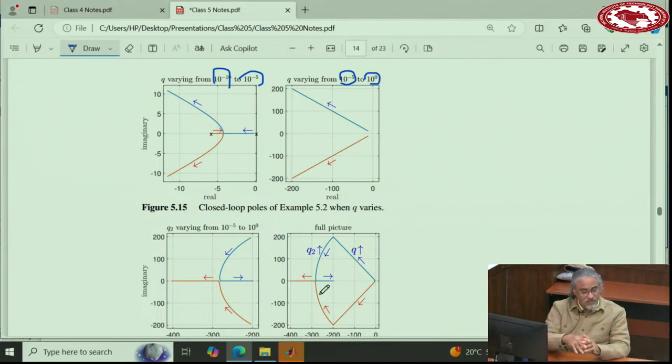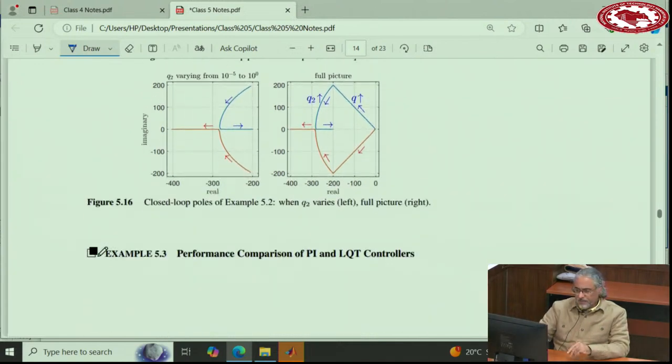If you are interested in giving some weight to the current also, and you want the oscillations in the current to be lower, then you can increase Q2 and the system will damp beyond 0.7. And if you continue, this happens. So this is the general picture that you will get in a system like that.